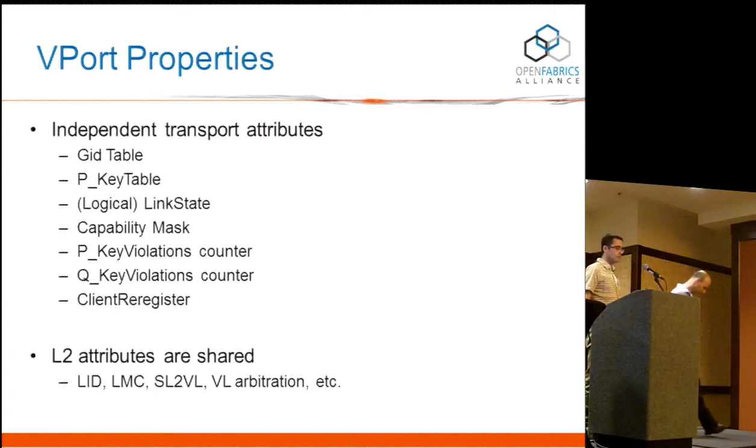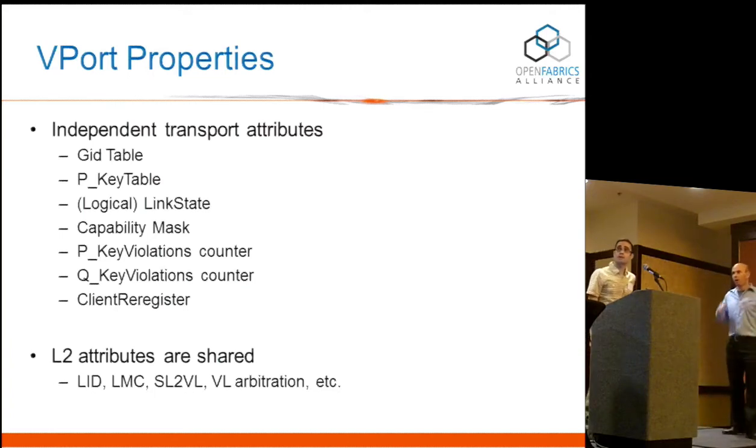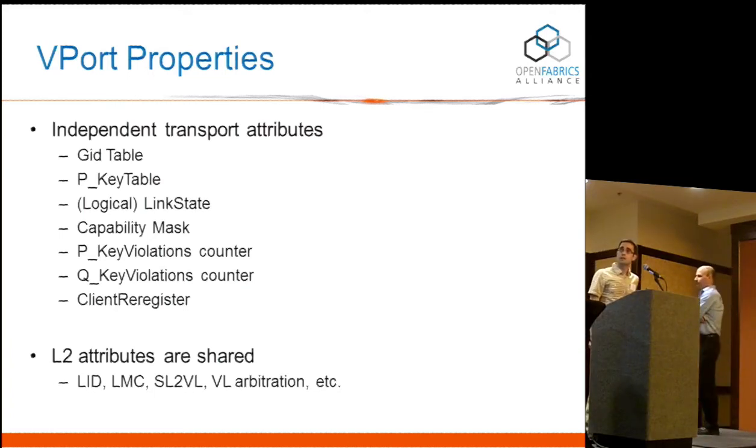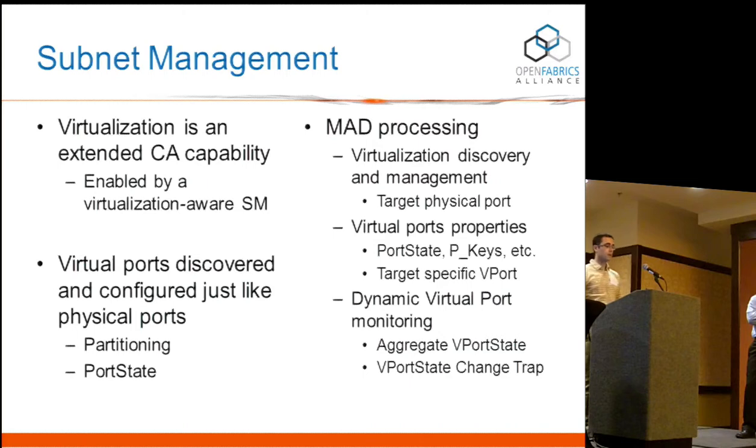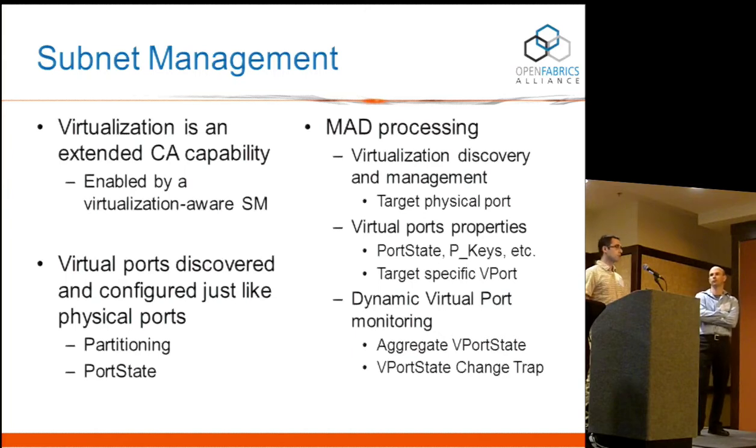Okay, so as Liran said, here are the properties of the virtual ports. Some of them are unique to each VPort, to each virtual port, and some of them are shared between all the virtual ports based on the same physical port. From Subnet Management point of view, the channel adapter should expose a capability bit telling the Subnet Manager that it supports virtualization.